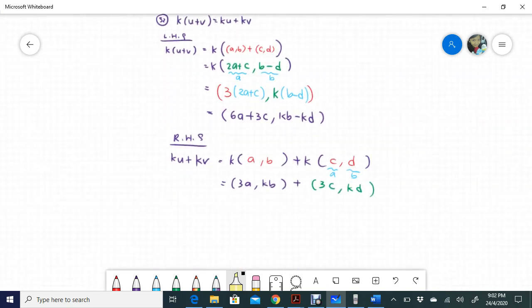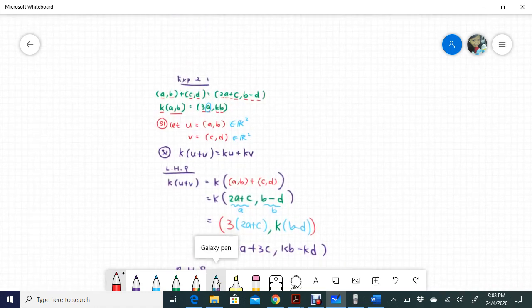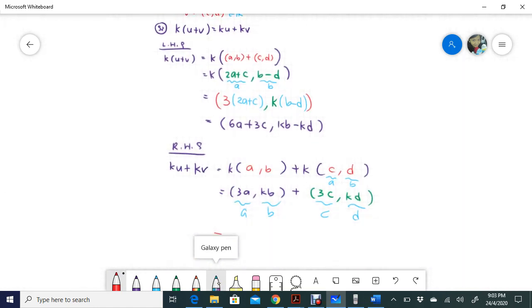Okay, let us proceed. So how? Same thing, just highlight. This is your latest A, this is your latest B. This is your latest C, this is your latest D. So, what's your answer? 2A plus C, right? So 2, what is your latest A?